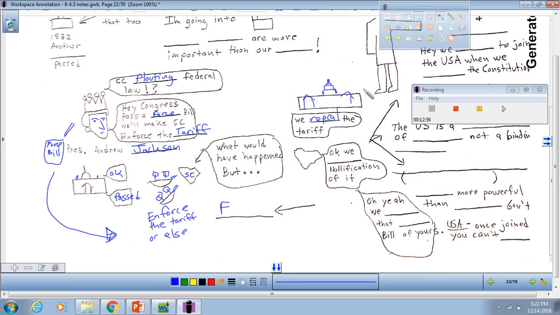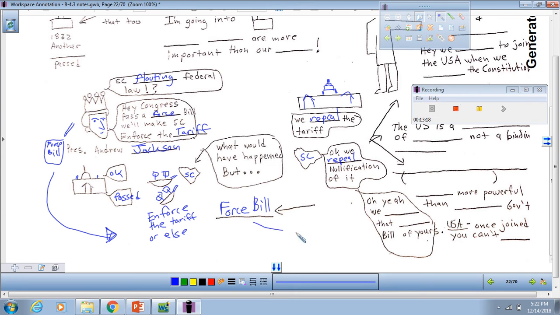Now, South Carolina, like a bad kid, said, okay, we then repeal nullification of it. Kind of like getting the last word here with this tariff. So the force bill never went into effect.